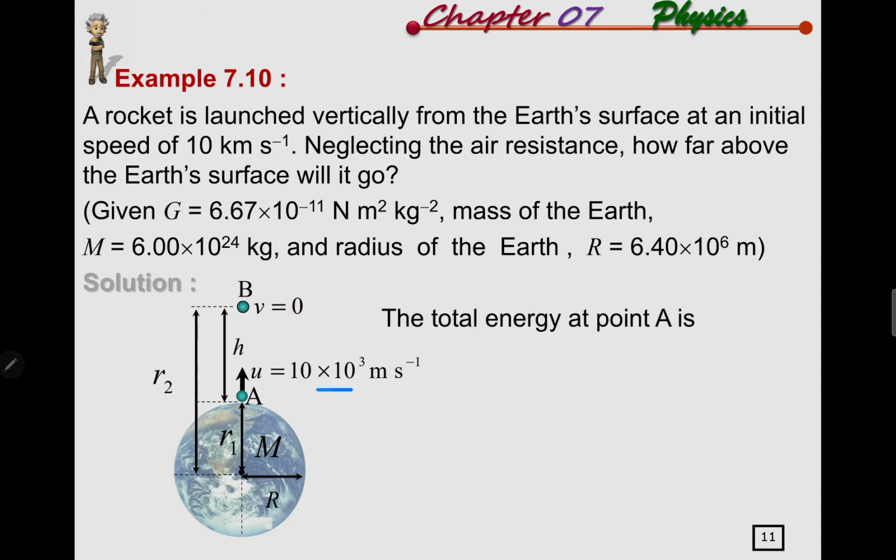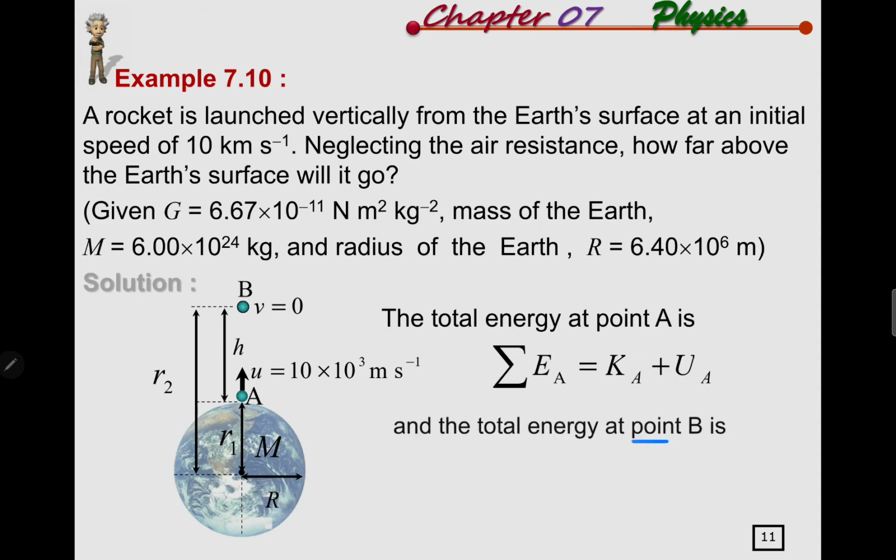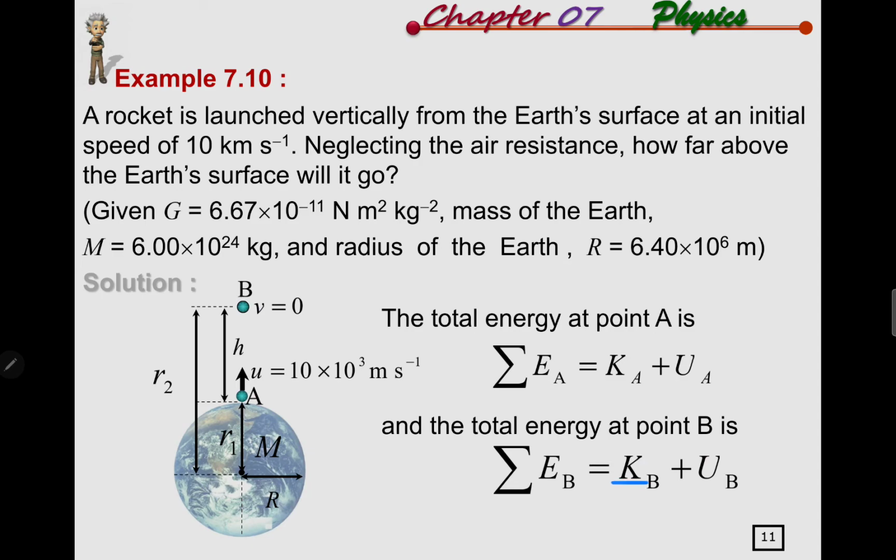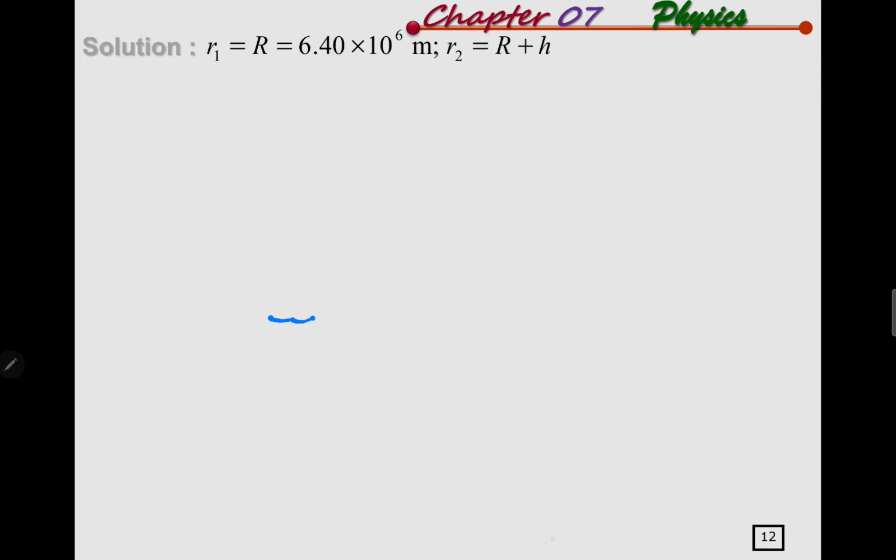If we apply the equation of conservation of energy, at point A we will have both kinetic and potential energy. And at point B, we also have both kinetic and potential. But at point B, the velocity becomes 0, so that means the kinetic energy will become 0.